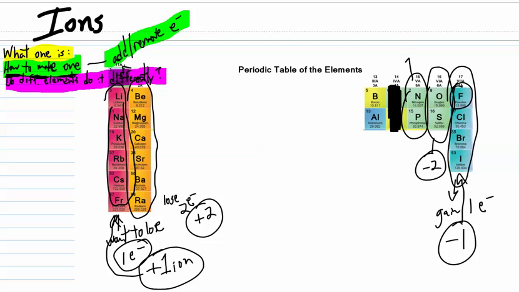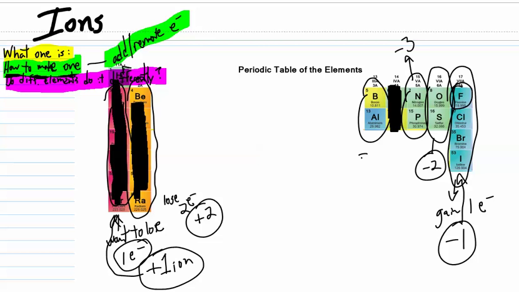Nitrogen and phosphorus, they like to become -3 ions. And then carrying on the pattern from over here on the left side, we got these guys all becoming +1, these guys becoming +2, and then these guys right here like to become +3 ions. Okay, so that is how different elements make ions differently. Some of them make positives, some of them make negatives.